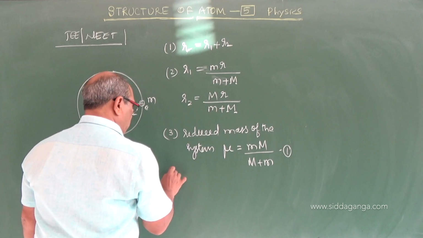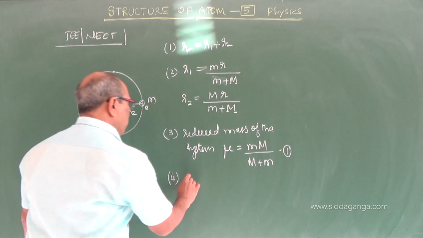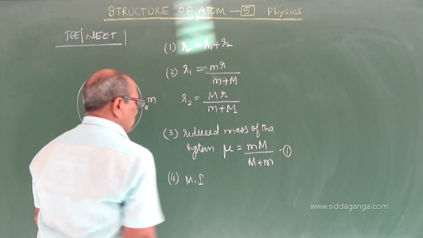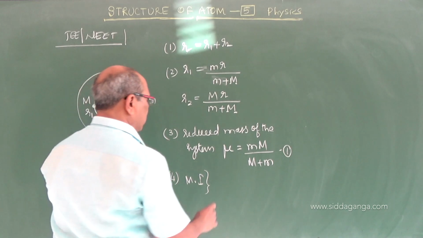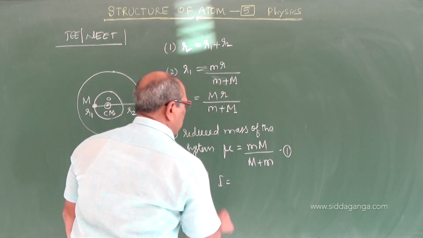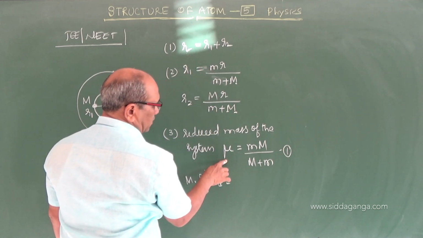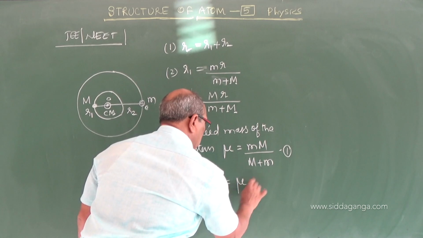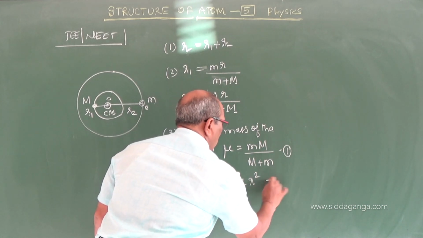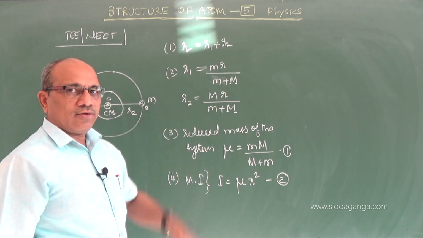And coming to the fourth one, with reduced mass, what is the moment of inertia of this system of atom? I is equal to m r square. Instead of the mass of the electron or proton, I use the reduced mass: mu r square, where mu is this and r is this value.